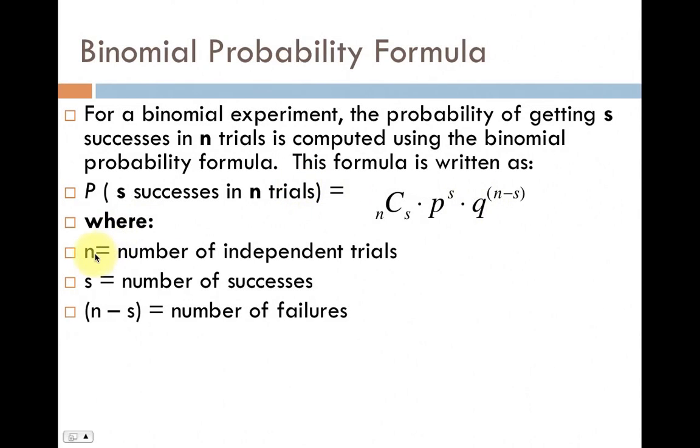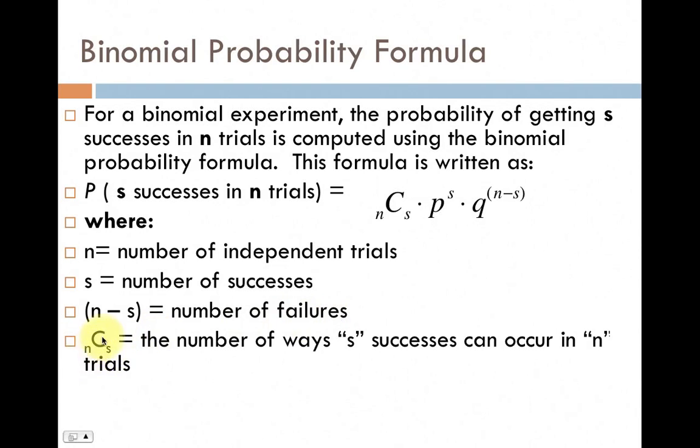If N is the number of independent trials, let's say you flip a coin 15 times, and S, the number of successes, is denoted as 5, getting 5 heads. The number of failures would therefore be 15 minus 5, or 10. That's how many tails you would get. So if there are 5 heads, there would be 10 that would come out as tails.